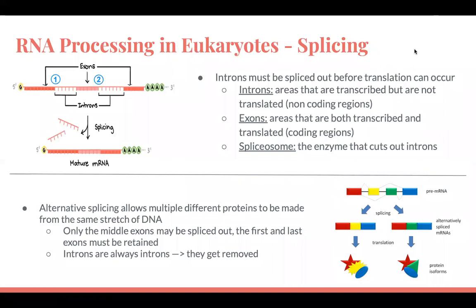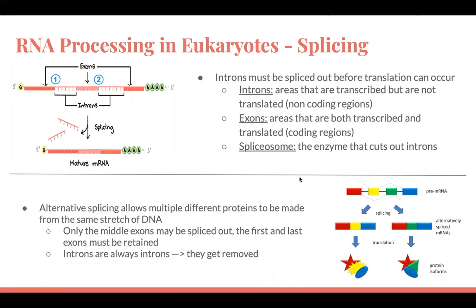Okay, and then there's also splicing. So in the RNA, there are introns, and these are non-coding regions, so they have to be spliced out before translation can occur. The exons are the areas that do code for proteins, and the enzyme complex that splices these out is called the spliceosome.